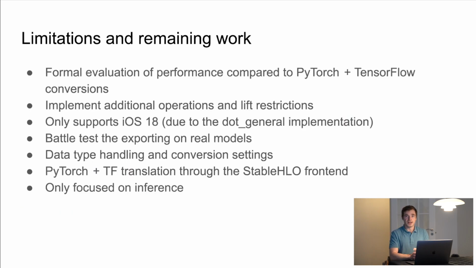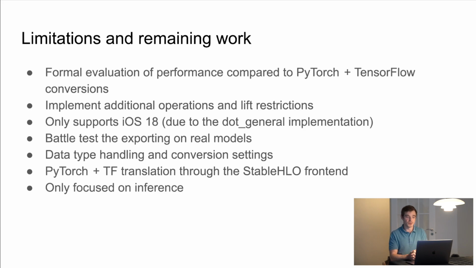Cool. So that's more or less for what has been implemented so far. Obviously, since this is a hobby project, I haven't done any formal evaluation or performance comparison between the existing PyTorch and TensorFlow frontends to this new StableHLO frontend. I also have a bunch of restrictions in the implementations, as I said, with the batching dimension on the convolution, the data types, only supporting a subset of all of the operations.